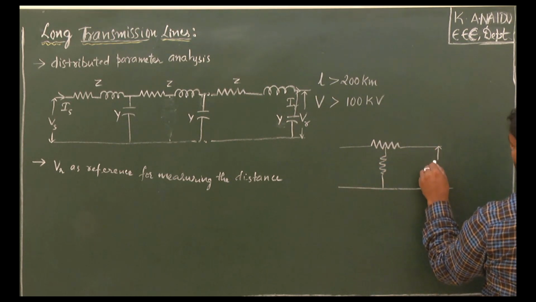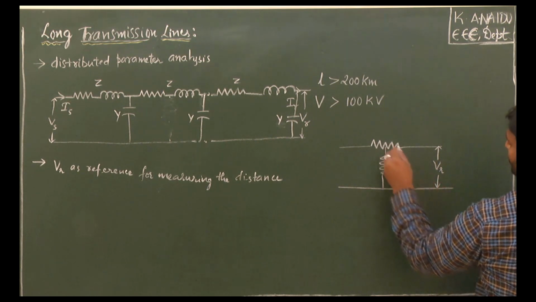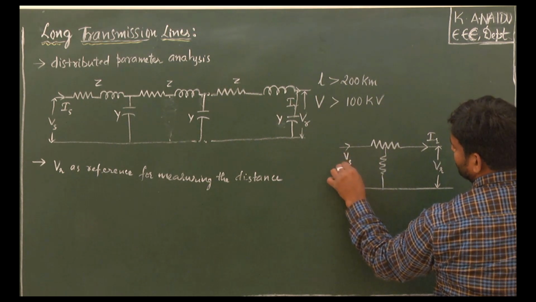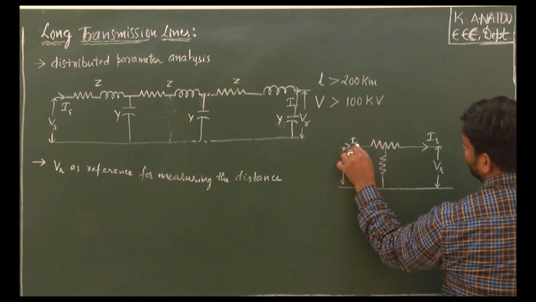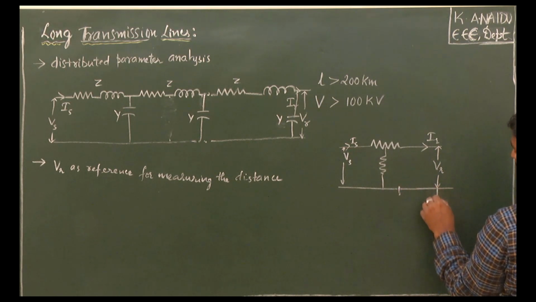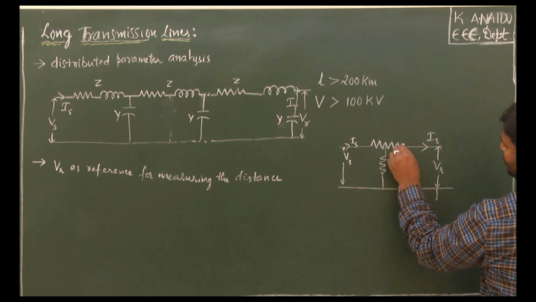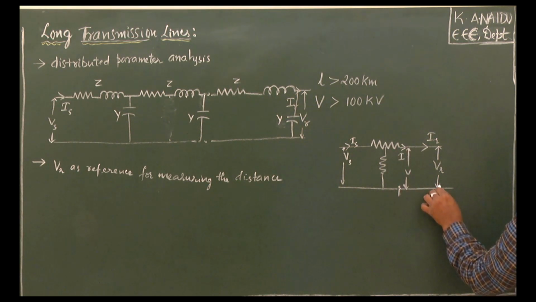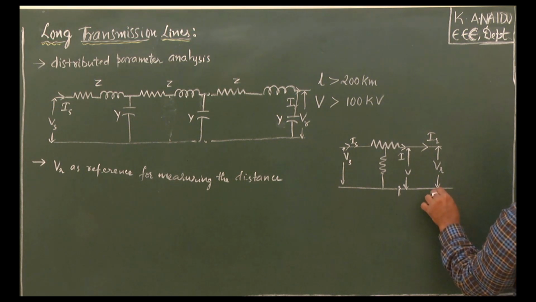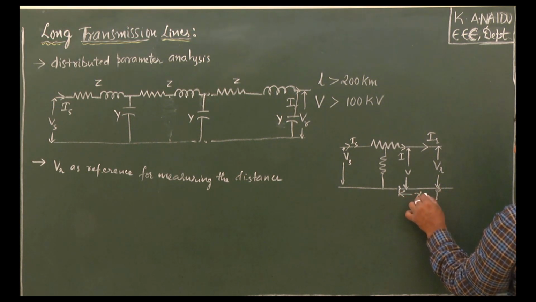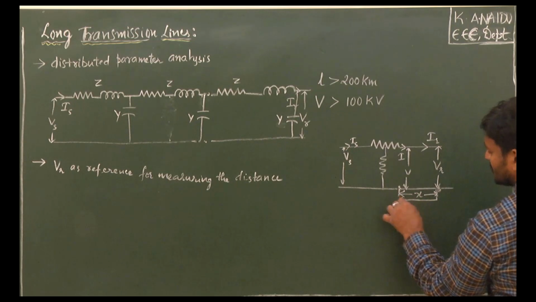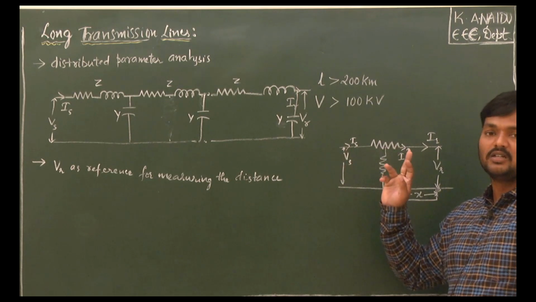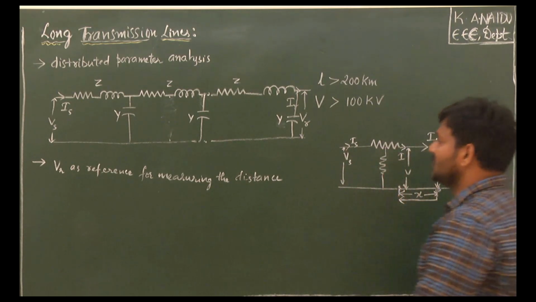This is receiving end current and voltage. Suppose this is sending end voltage and sending end current. Now, if you want to measure the distance at any point where the current is I and the voltage is V, you have to measure the distance of the transmission line from the receiving end. Suppose this distance is X. So receiving end is taken as reference for measuring the distance. Clear? Next.